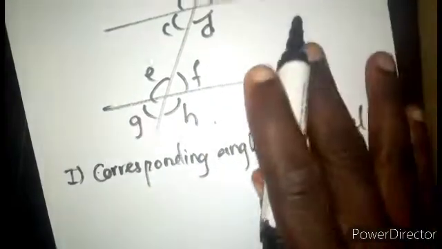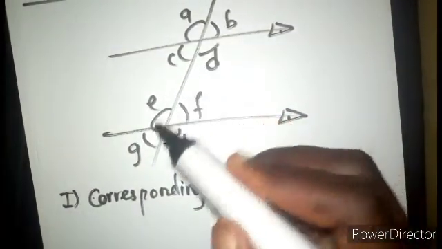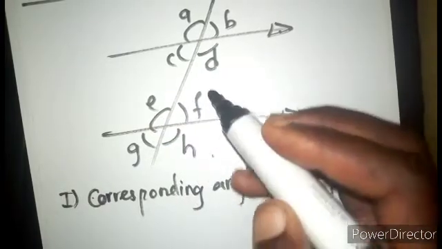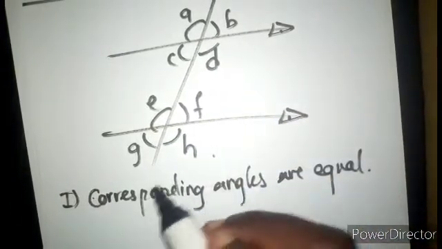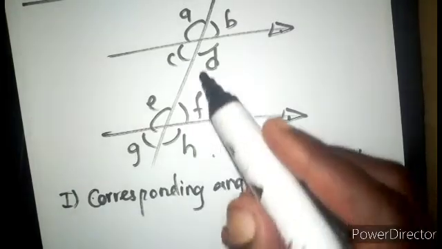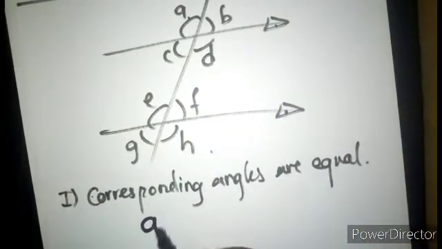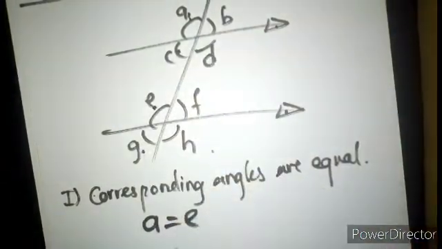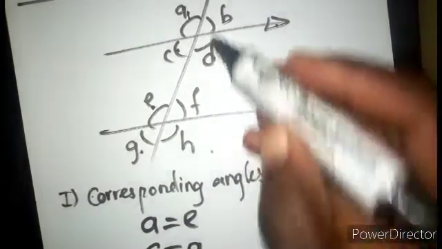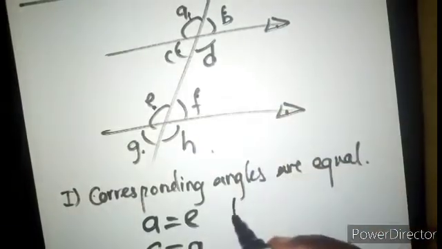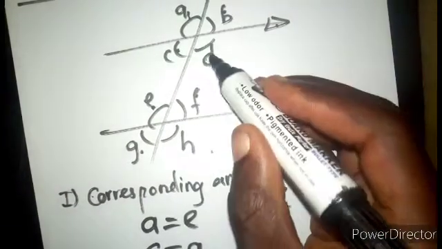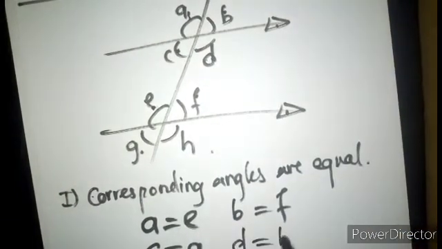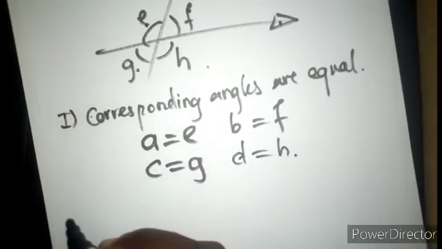The corresponding angles here are A equals E, C equals G, B equals F, and D equals H.